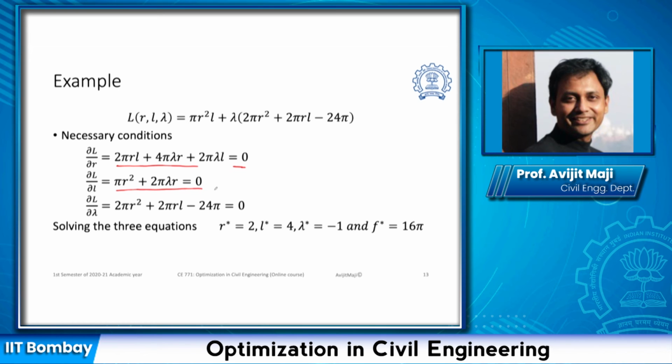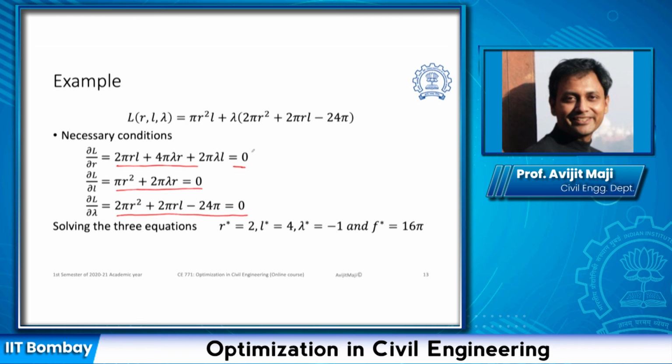And the third partial derivative, with respect to lambda, is supposed to give us the constraint, and it is going to be this equal to 0.